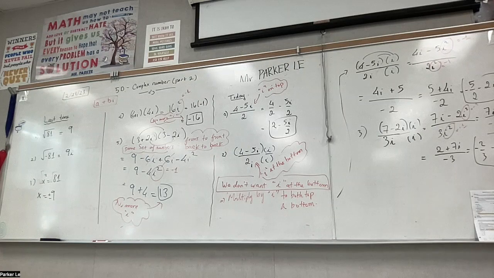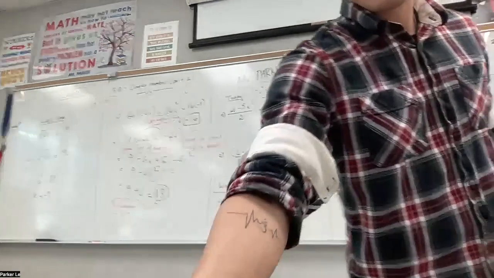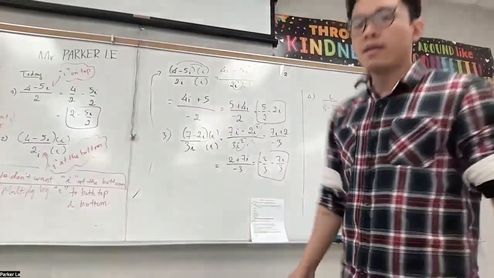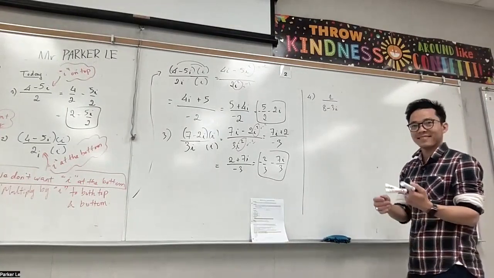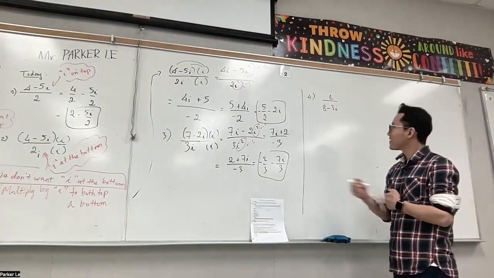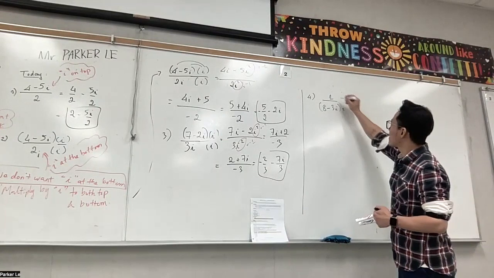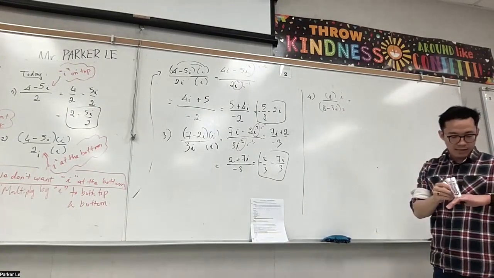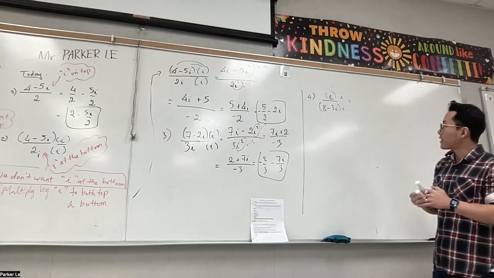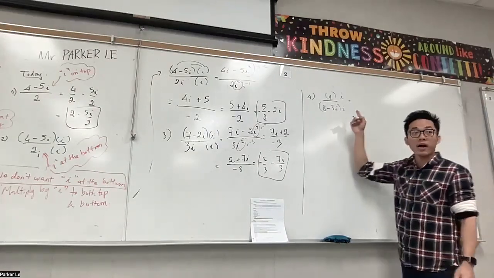What are we going to do with this number 4? What are we going to do with number 4? Multiply by i? Okay, let's try. Multiply by i. Don't write yet, okay? We just try.